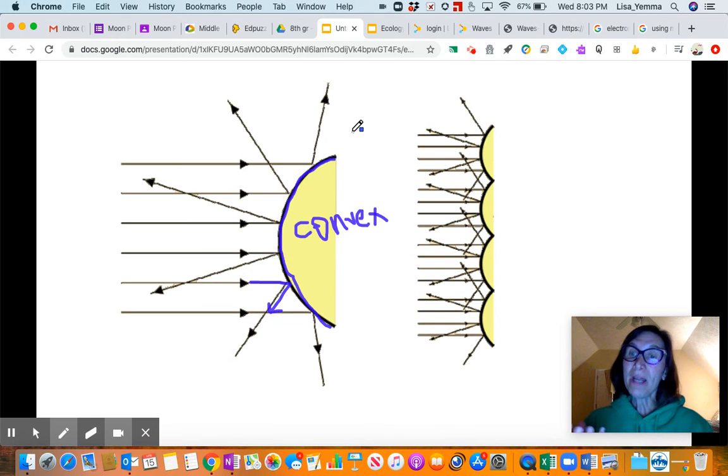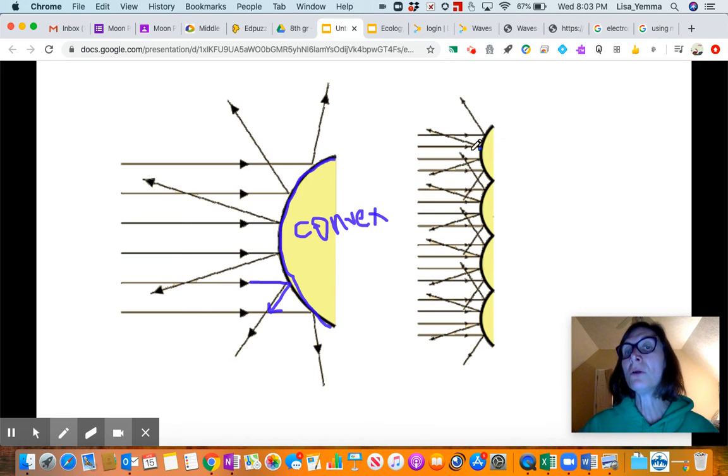So if I wanted to take the same area-ish and concentrate the energy, those waves are transmitting energy, the energy of the light, the energy of the sound, I could do multiple convex surfaces.